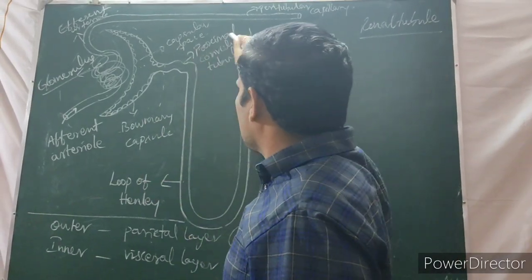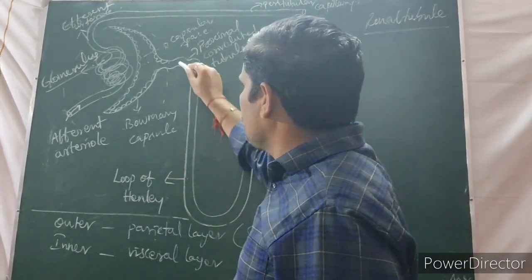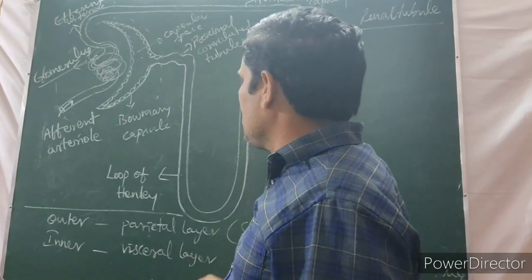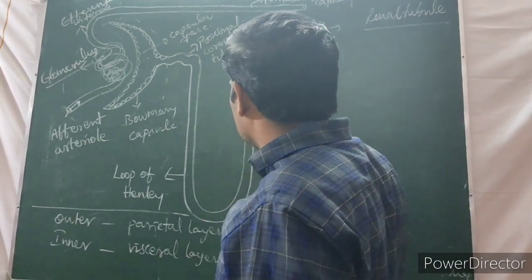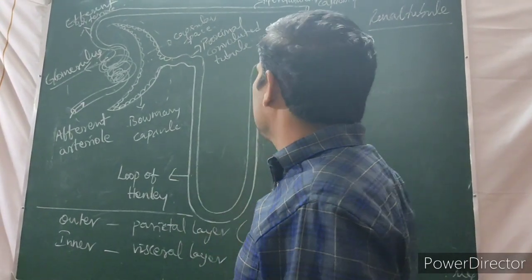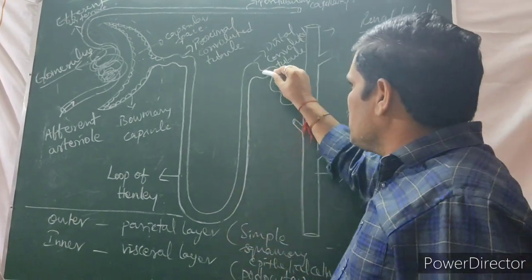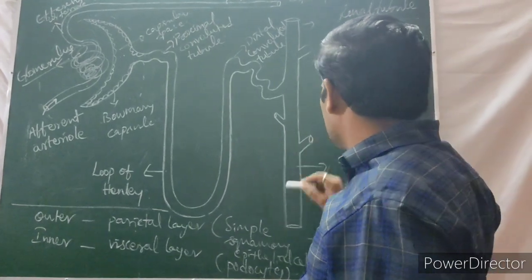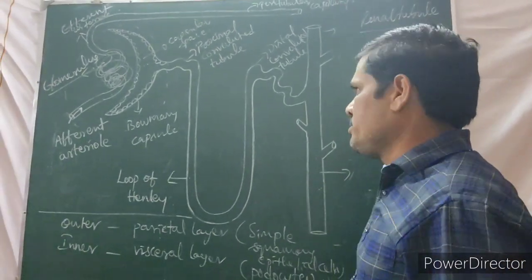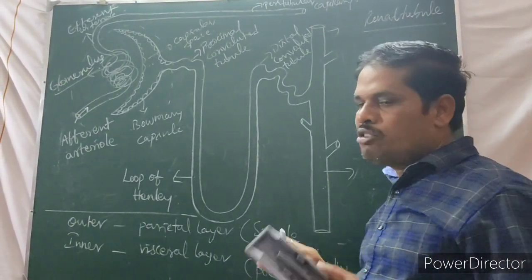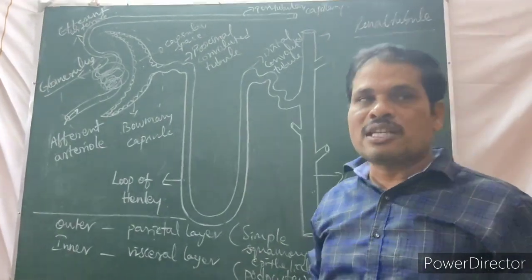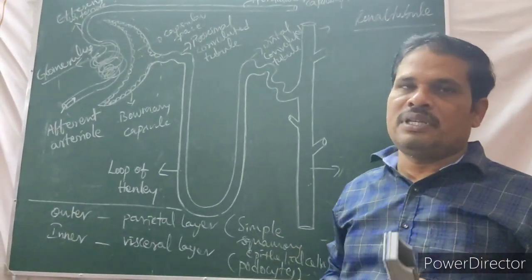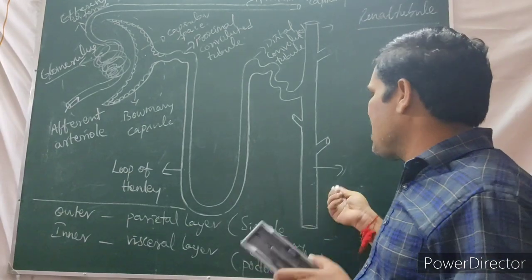The first one is the proximal convoluted tubule. The next one, a U-shaped part, is called the loop of Henle. The next one is the distal convoluted tubule. Then after that, the collecting duct. All these collecting ducts enter into the ducts of Bellini, or we can say the papillary duct.